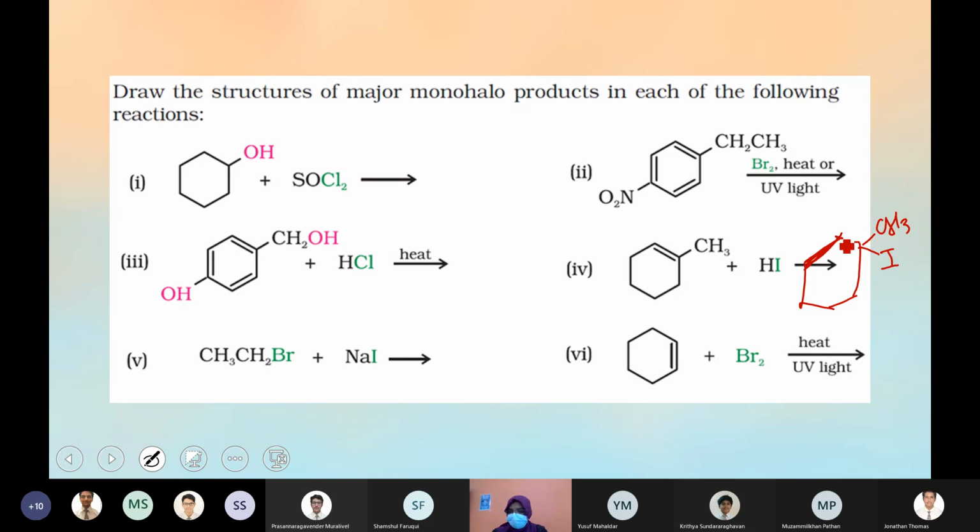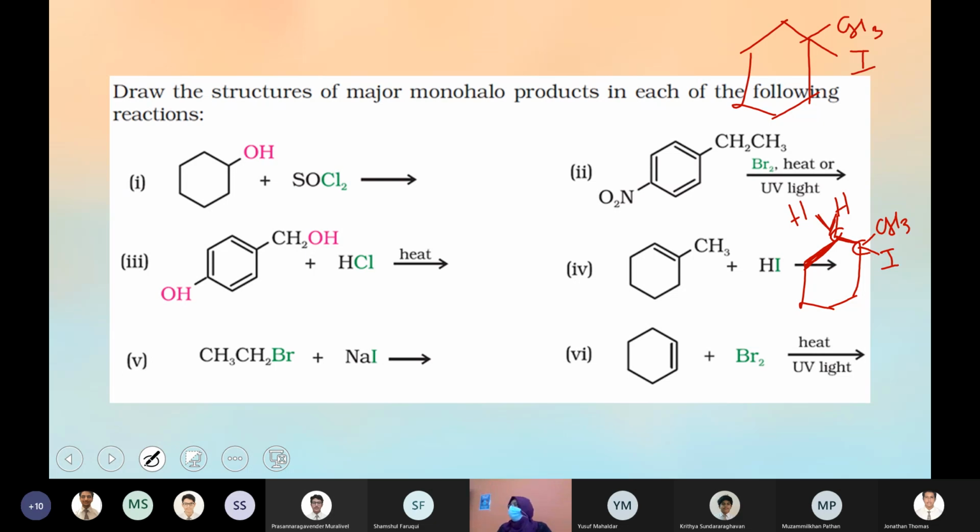So here for this, iodine will be added over here and hydrogen. So technically it is like this, 2 hydrogens over there and 1 iodine, which you can draw like this. Just a cyclohexane ring with iodine.